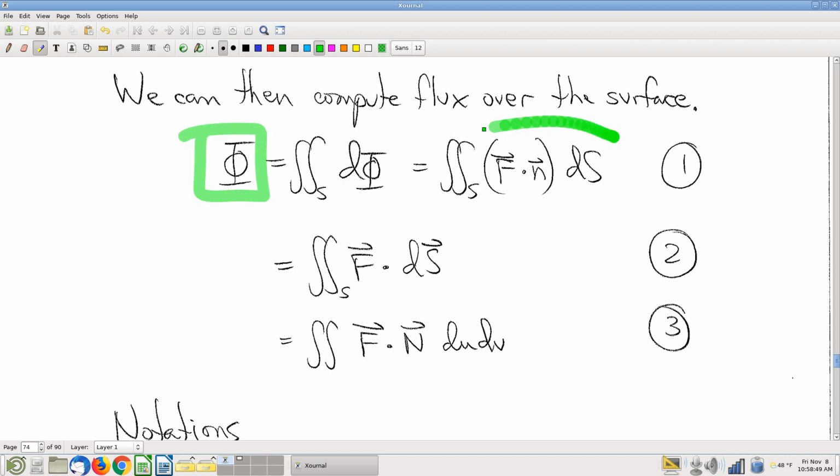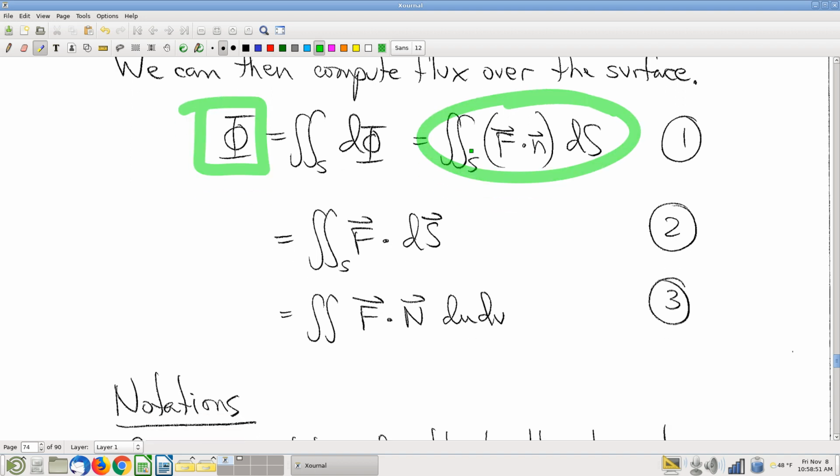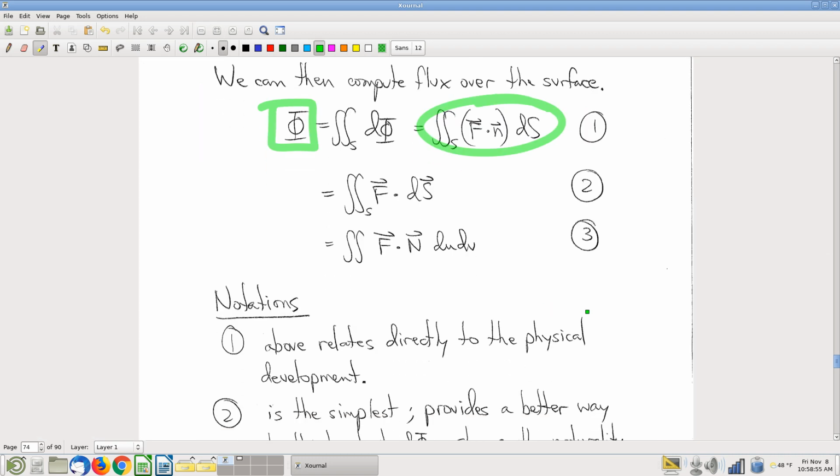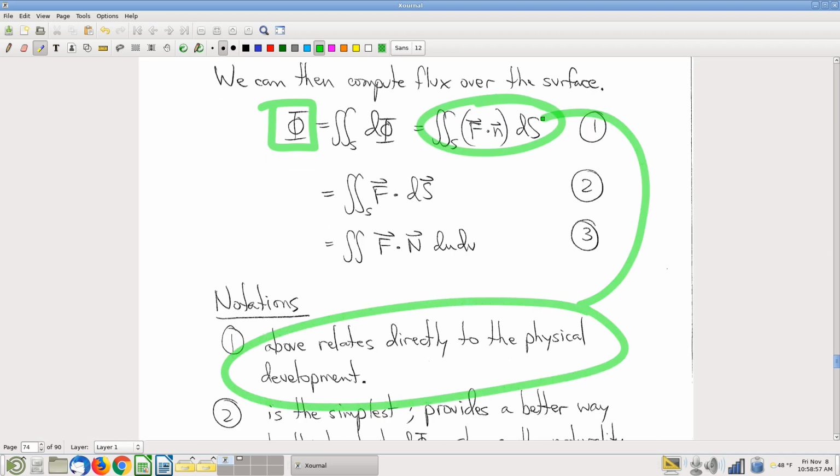On the one hand, you can think about it that way. What I like about this first point of view on flux is that it relates to the physical development. In other words, where did this formula for flux come from? Well, we made an argument about areas, and we made an argument about components in the normal direction, and you can see that in that calculation. That's very intuitively satisfying. So I like that notation for that reason.